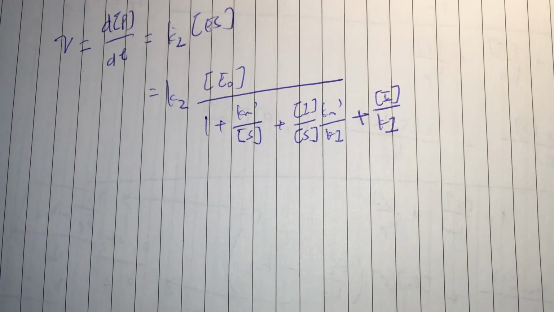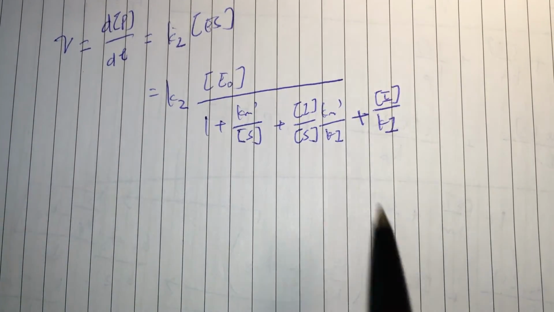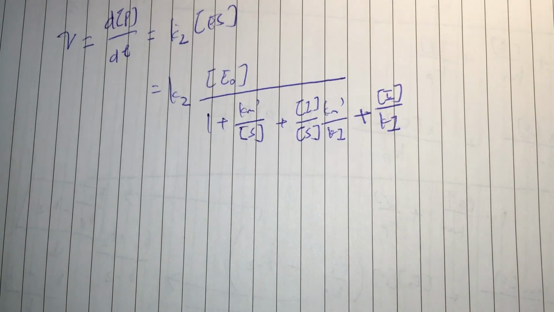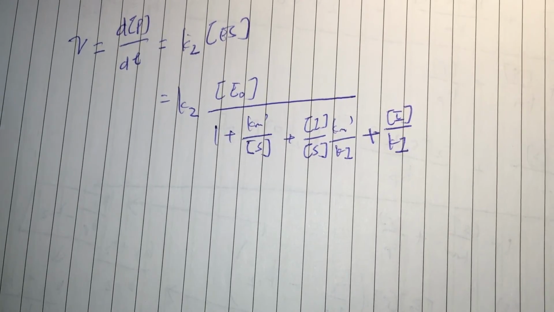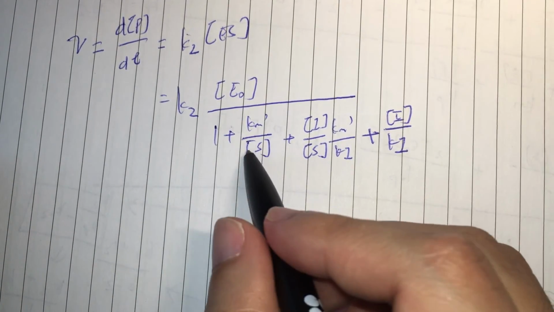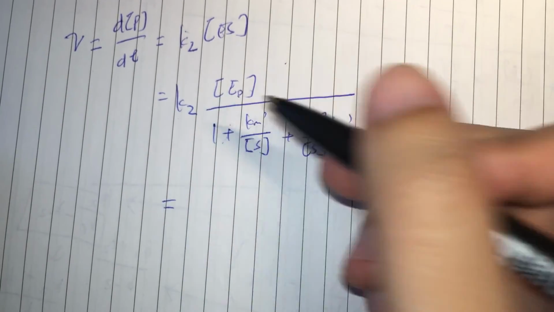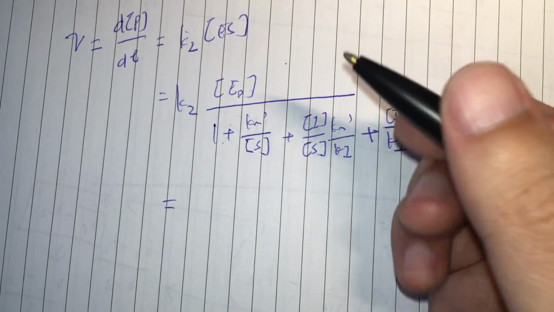Now it's almost what we are used to, so let's just do the same step again to get our standard Michaelis-Menten form. So let's multiply S to the bottom and the top, and this K2 times E naught, we just call it the Vmax.